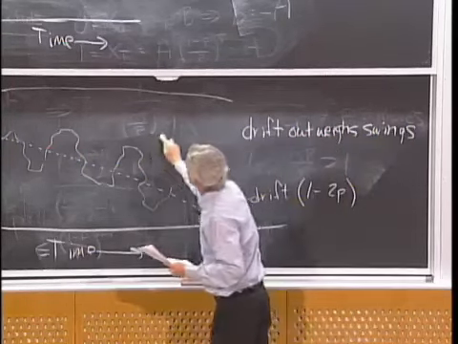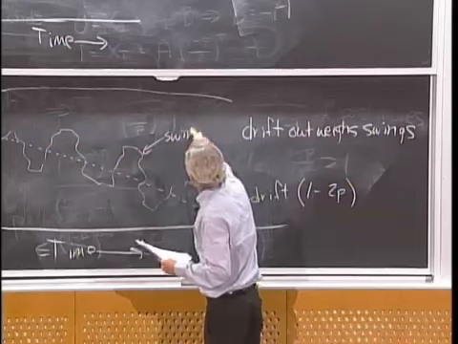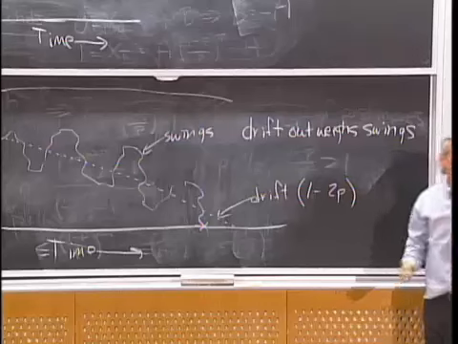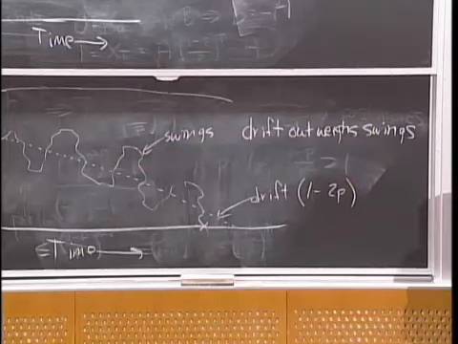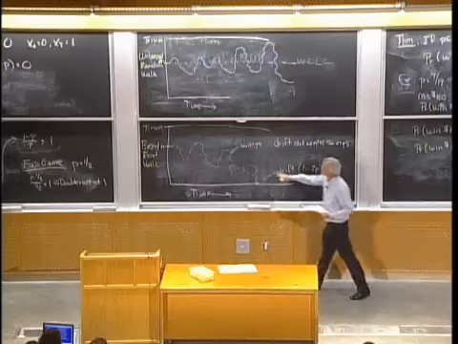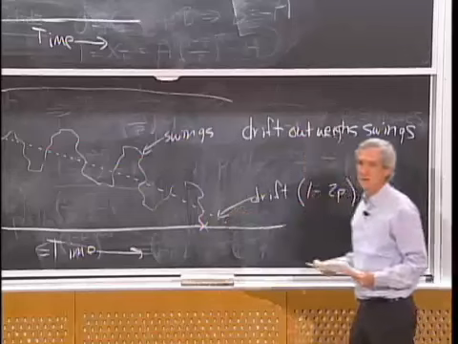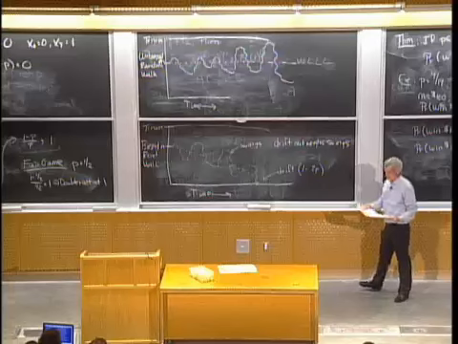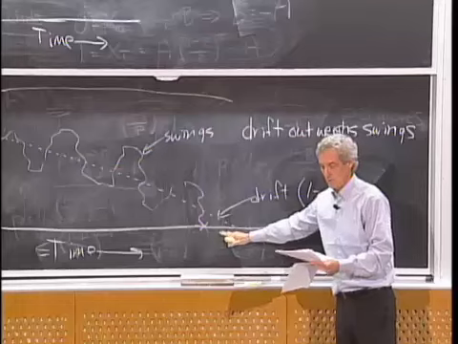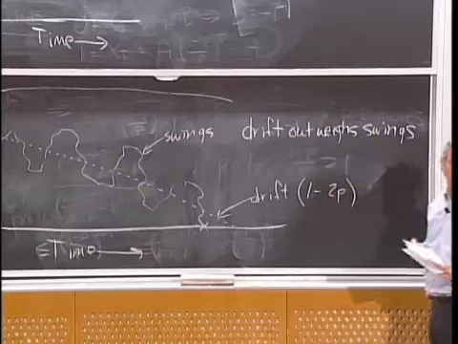These are the swings here, and they're random. The drift is deterministic. It's steadily going down. And so almost always in a random walk, the drift totally takes over the swings. The swings are small compared to what you're losing on a steady basis. And that's why you're so much more likely to lose when you have the drift downward.